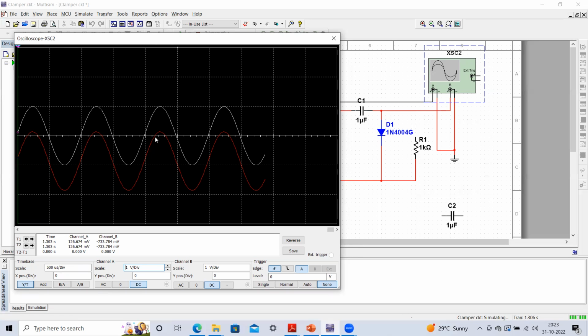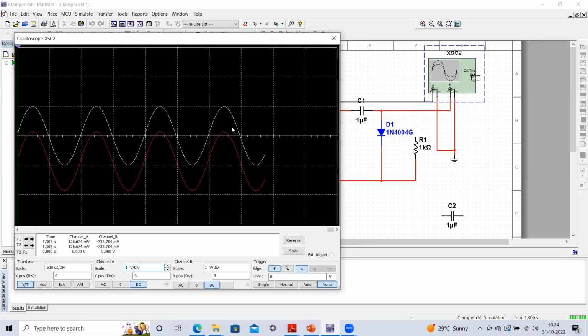The maximum voltage which is going to appear across the diode will be equal to the cut-in voltage. So you may find that this voltage will be around 0.3 volt or 0.4 volt or 0.7 volt, depending on what kind of diode it is, whether it is a germanium diode or a silicon diode.